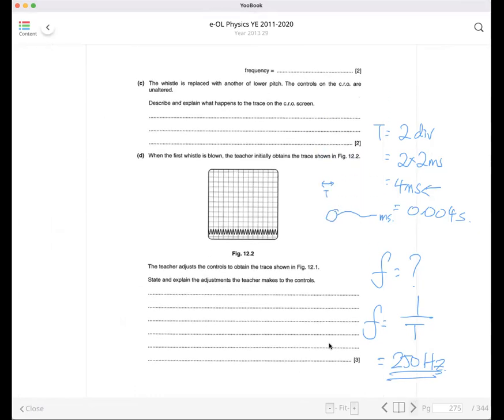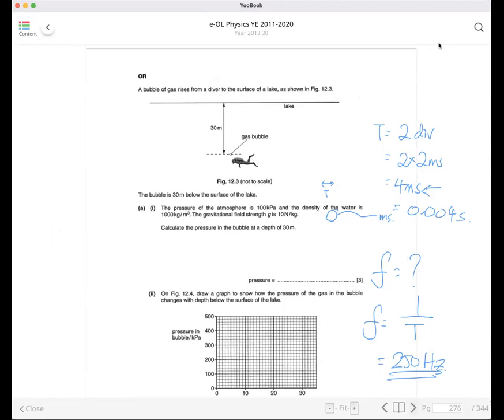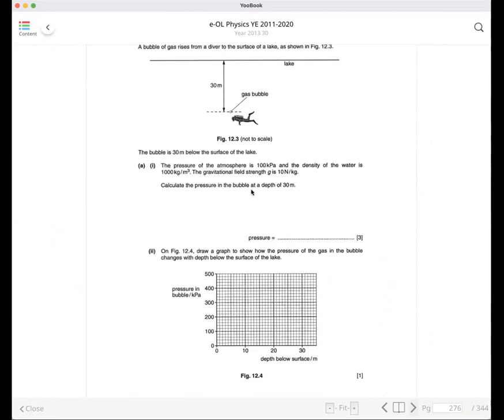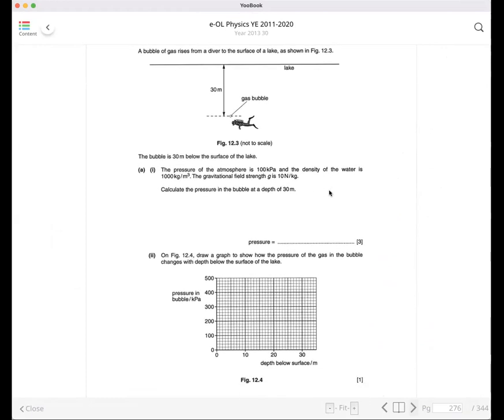Okay, I will skip the rest unless you want me to explain. Okay, last question for today. Can you all calculate the pressure of the bubble at the 30 meter? Okay, start doing now.